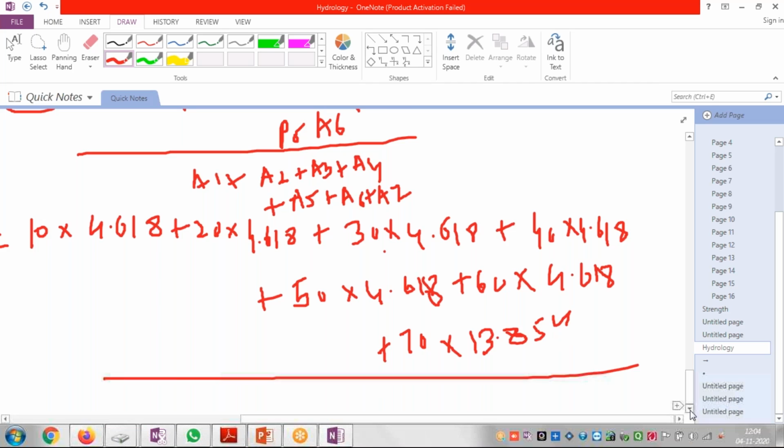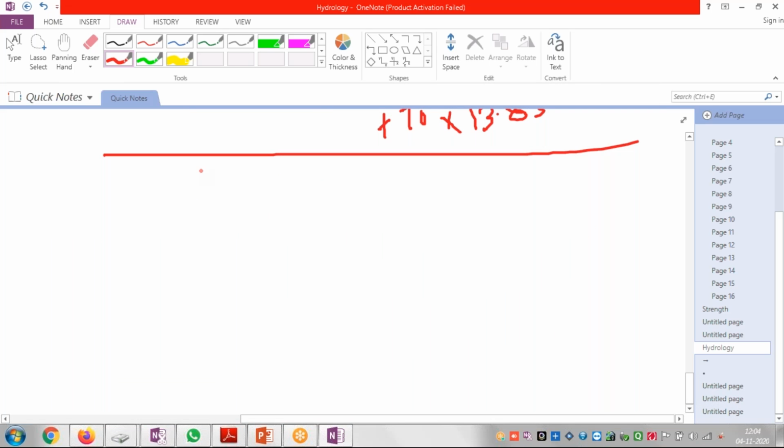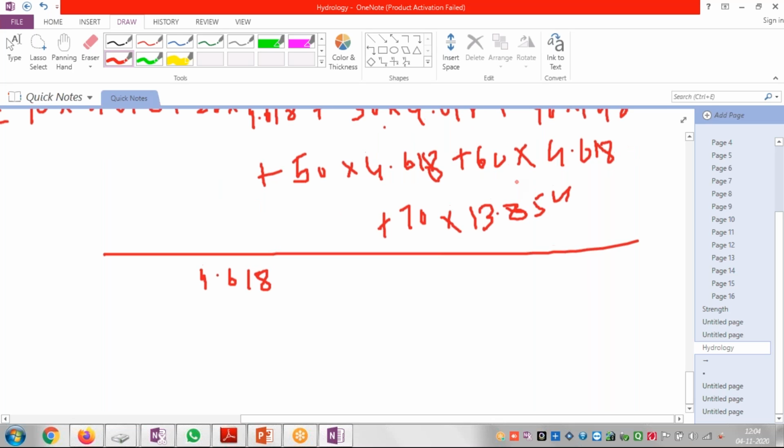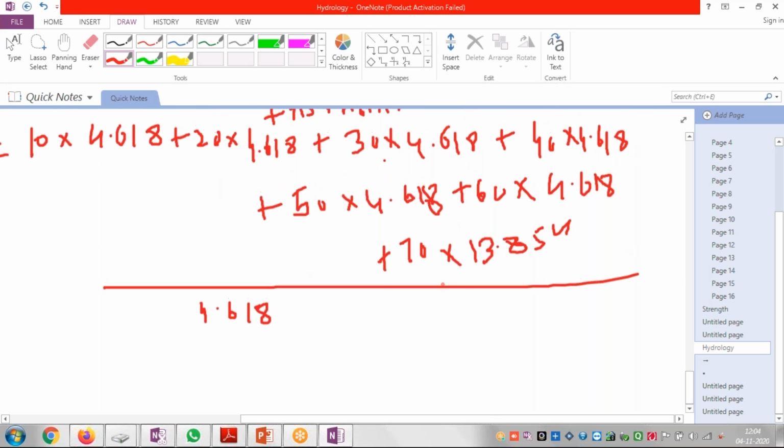Then divided by A1 plus A2 plus A3 plus A4, which means 4.618 how many times?